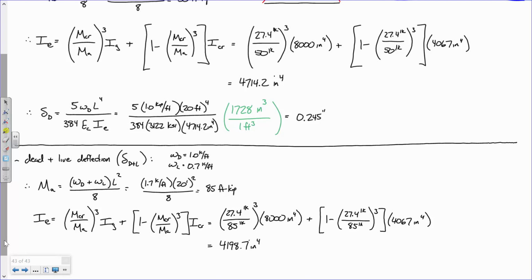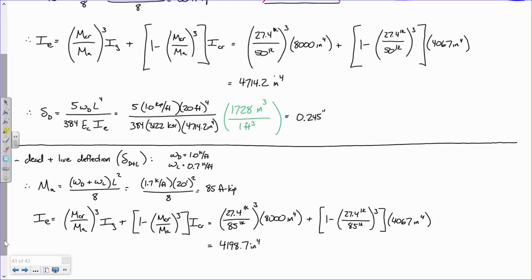Do I have a second on that? Take your time. Okay. Everybody good? Now, there are two checks as to whether or not that number makes sense.